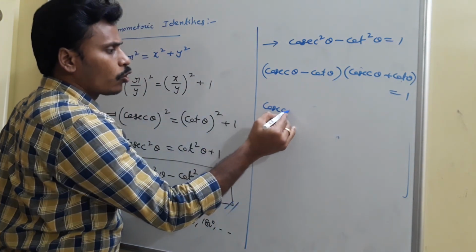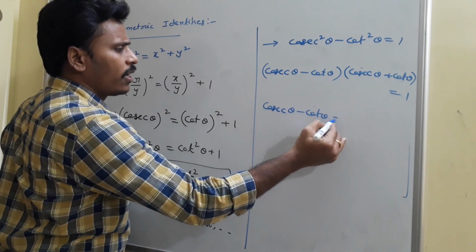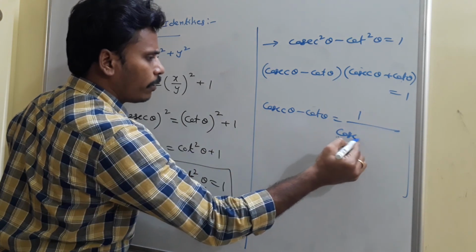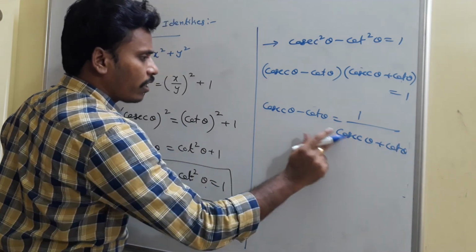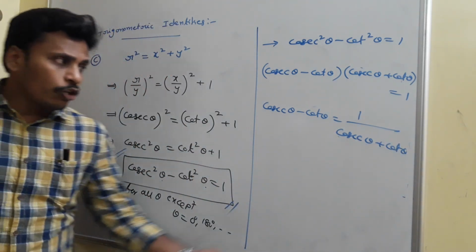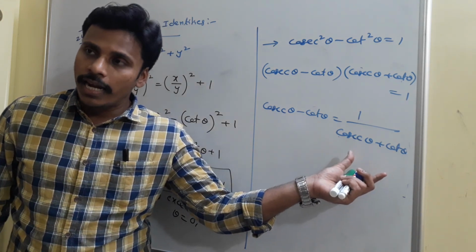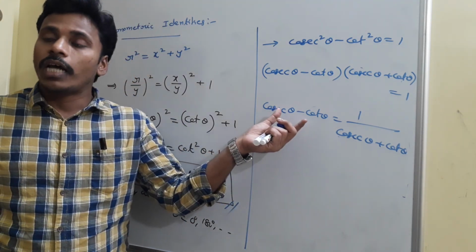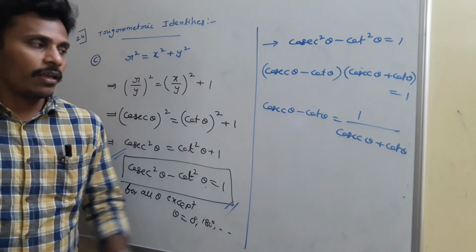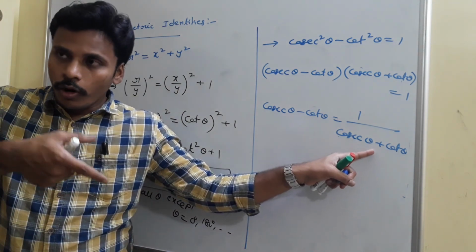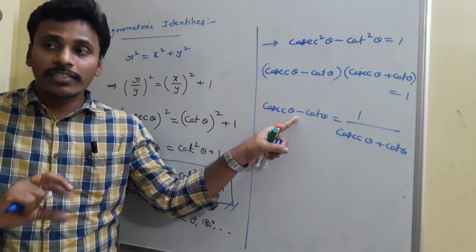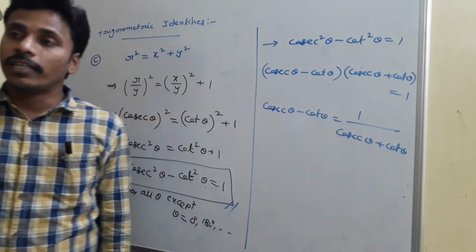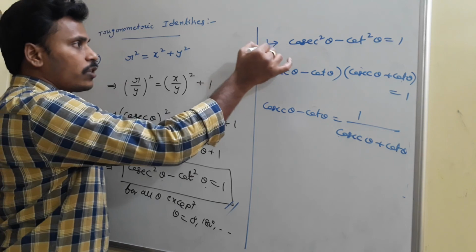In that sense, cosecant theta minus cot theta is equal to 1 divided by cosecant theta plus cot theta. So at the end, with this relation, I conclude that the values cosecant theta plus cot theta and cosecant theta minus cot theta are reciprocal to one another. If you know cosecant theta minus cot theta, just take its reciprocal, and you will get cosecant theta plus cot theta also. This is one relation.